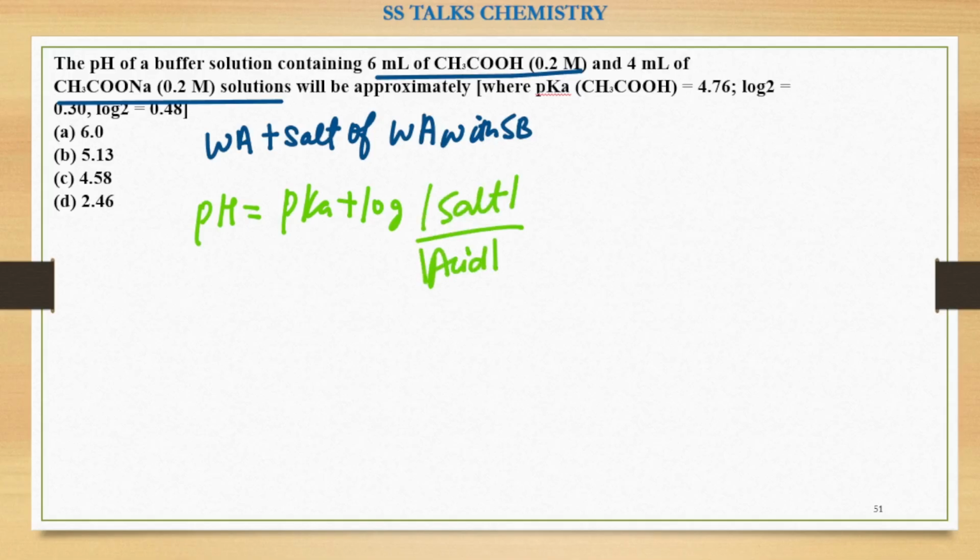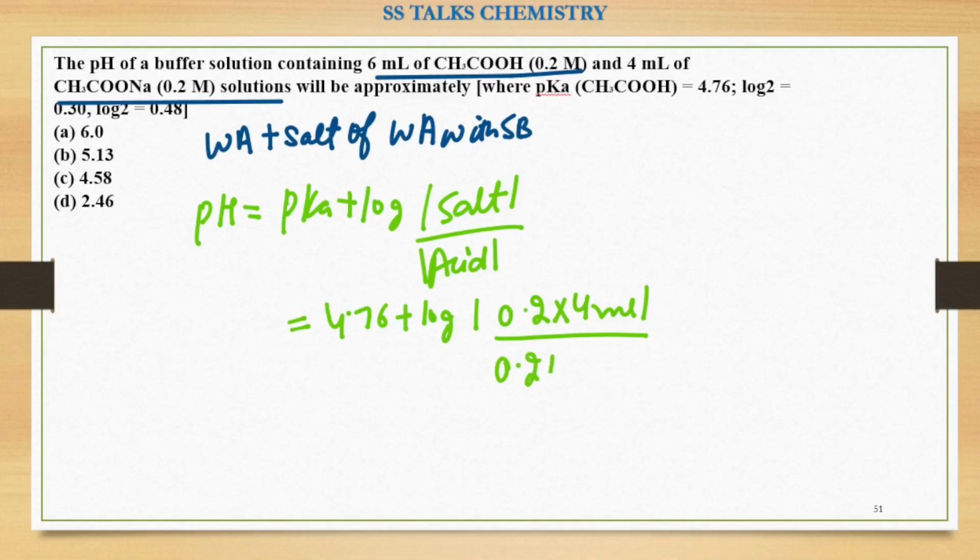The pKa value is given to us as 4.76 plus the log of the salt, which is 0.2 molar and 4 ml, upon the acid, which is 6 ml and 0.2 molar. So solve this.